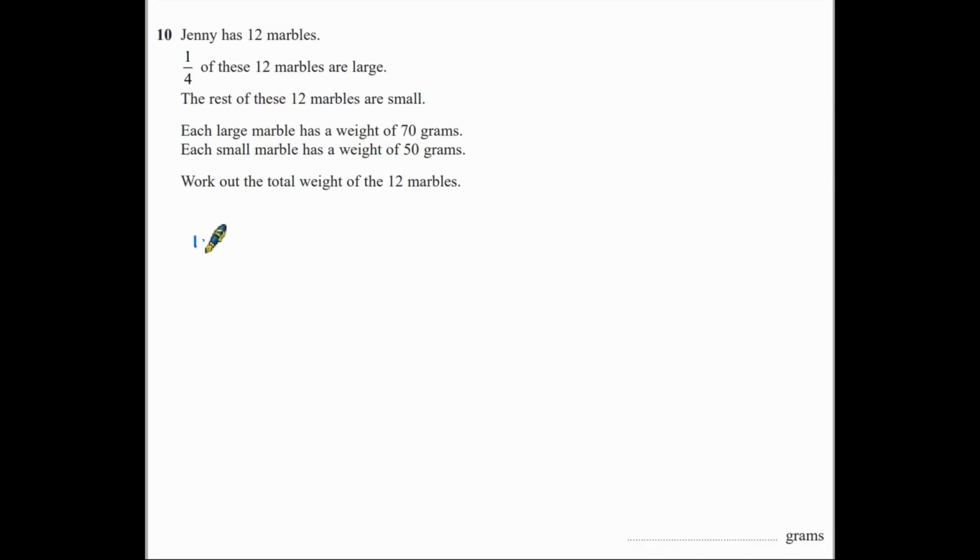She's got 12. A quarter of them are large, so 12 divided by 4 equals 3 large. The rest of them are small, so 12 minus 3 must mean there are 9 small marbles. So what do we have to do?